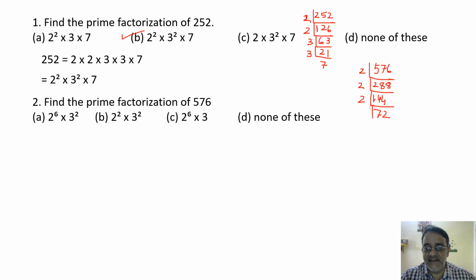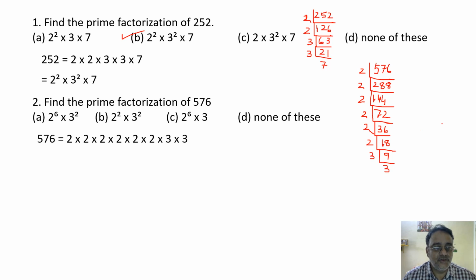Again divide by 2. 36. Again divide by 2. 18. Again divide by 2. 9. Last divide by 3. 3. Right. So we got 2 how many times? 6 times. So 2 to the power 6 into 3 to the power 2. And the correct option is Option A.